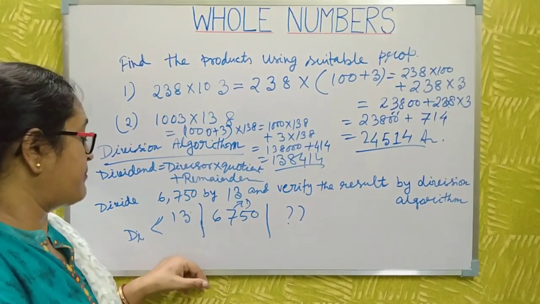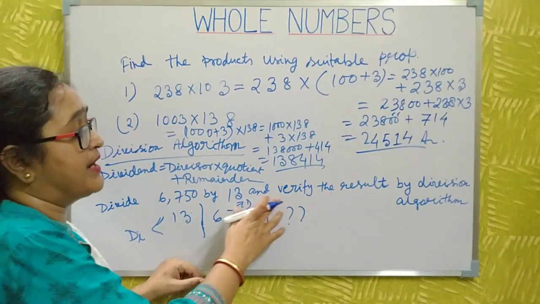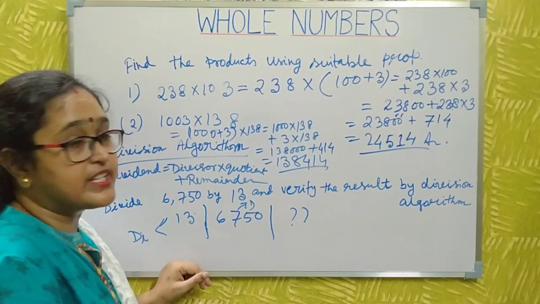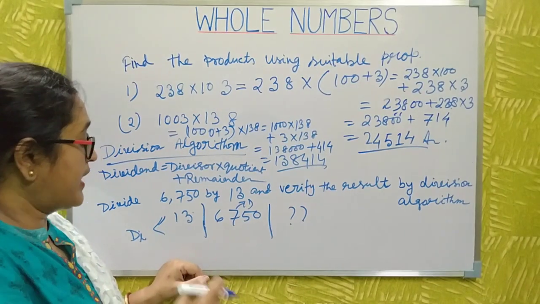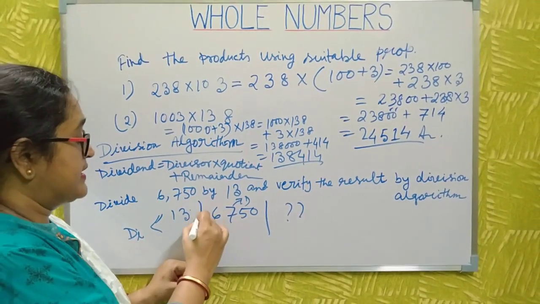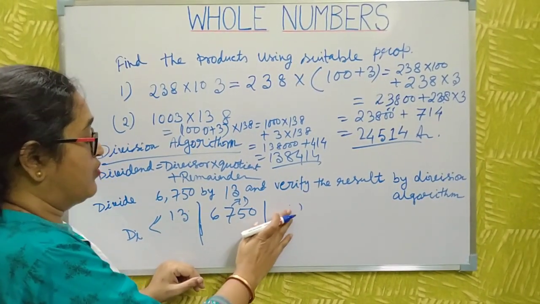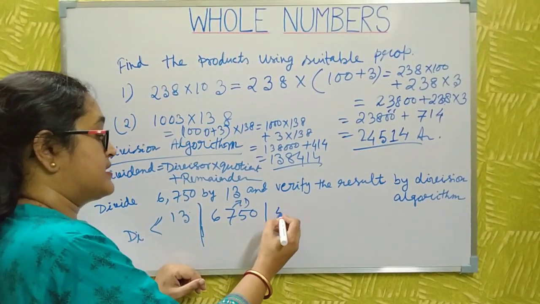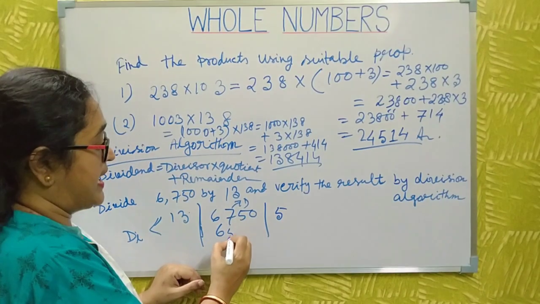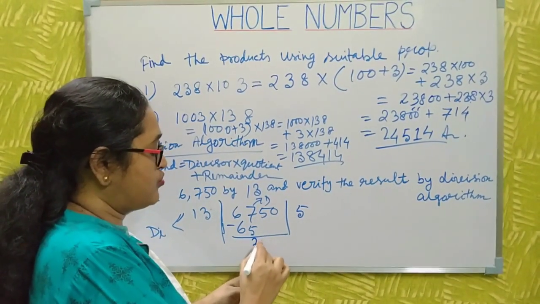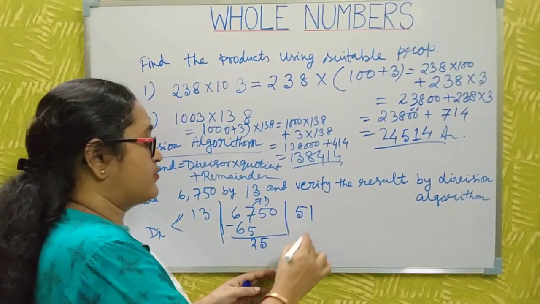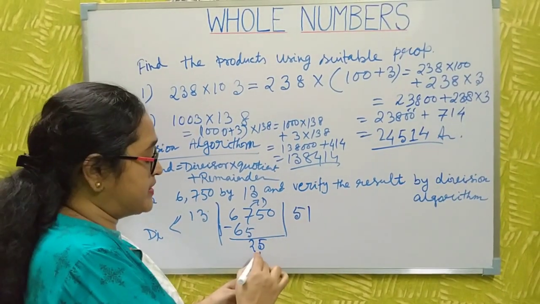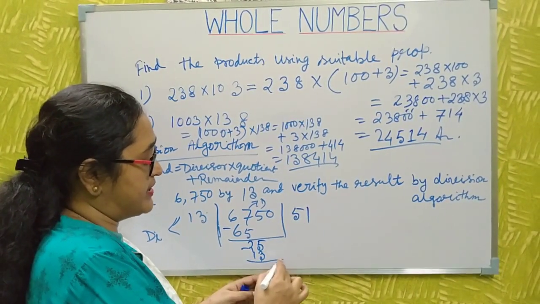Now I take an example. Divide this one by this one and verify the result by using the division algorithm. Okay, now you divide by 13 here. 13 5s are 65. Now 2 and 5, 13 ones are 13, 13 twos are 26 is bigger, that's why I write 13 ones are 13.